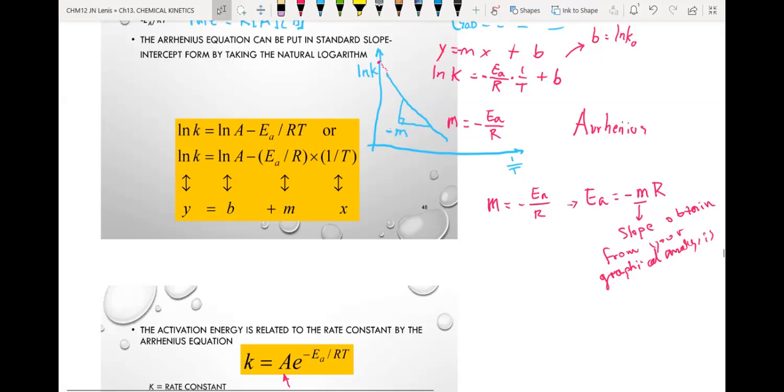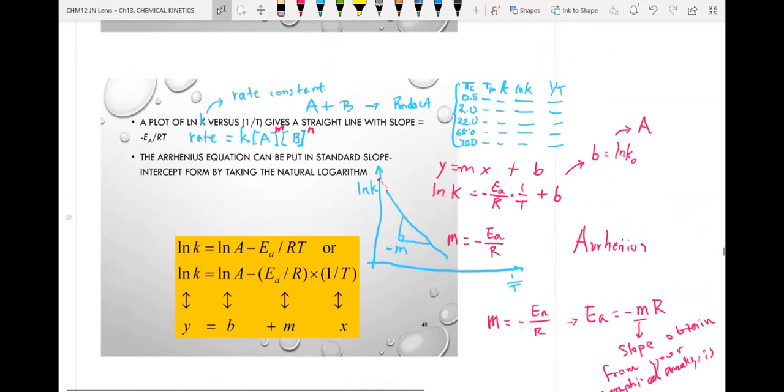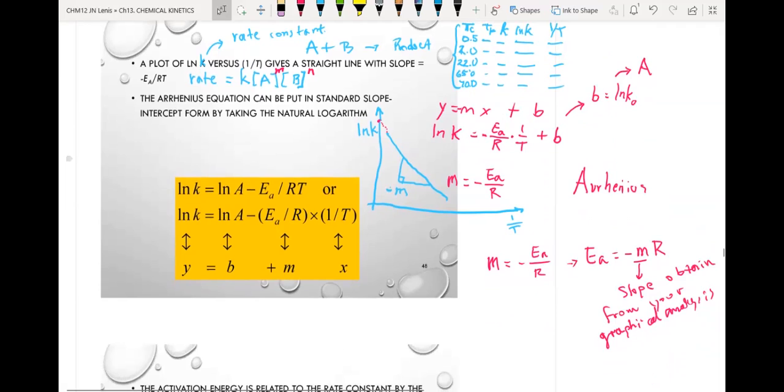Easy. How easy is this? Can't be easier. Just plot your experimental data into here, get this nice straight line with negative slope, do graphical analysis.